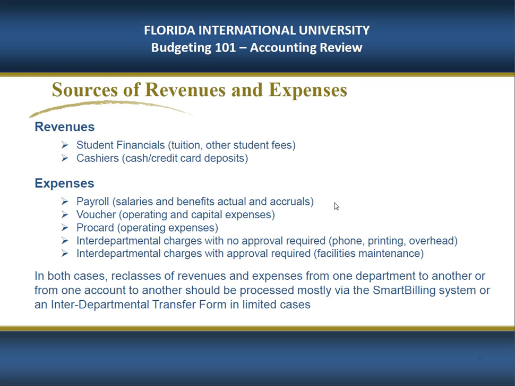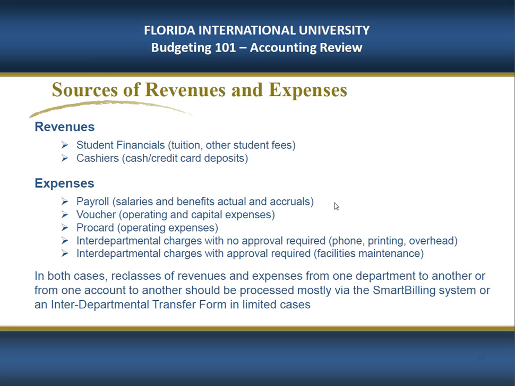Other things, such as credit card deposits or actual cash deposits, are coming from the cashier's office. On the expense side, you have the payroll or the HR system, which captures salaries and benefits. We have vouchers, which are used to process checks. That is for operating and capital expenses. You can also purchase something using a Pro card, which is basically a university credit card.